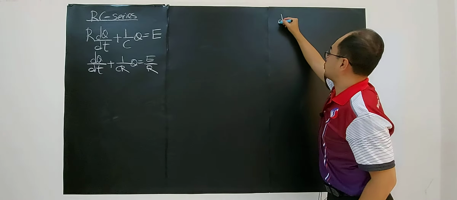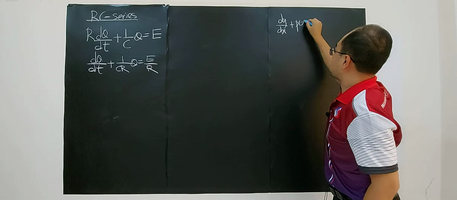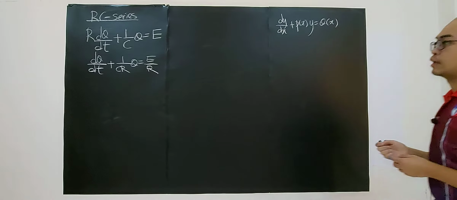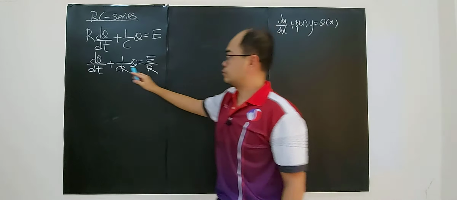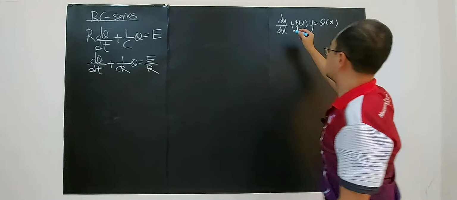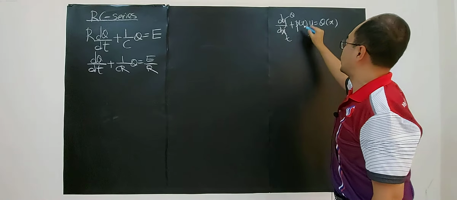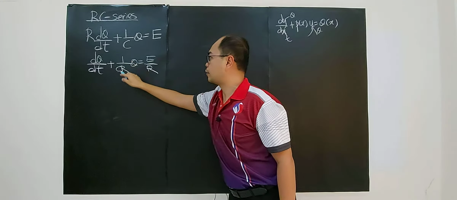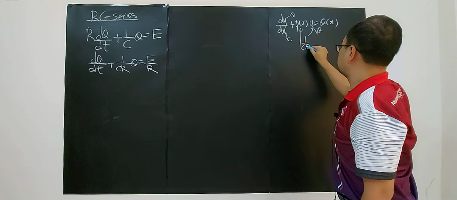A first order linear equation can be written in this form: dy dx plus p(x)y equals q(x). If you compare dy dx with dq dt, you can see that y is Q, x is t, and 1 over CR is your p(x).